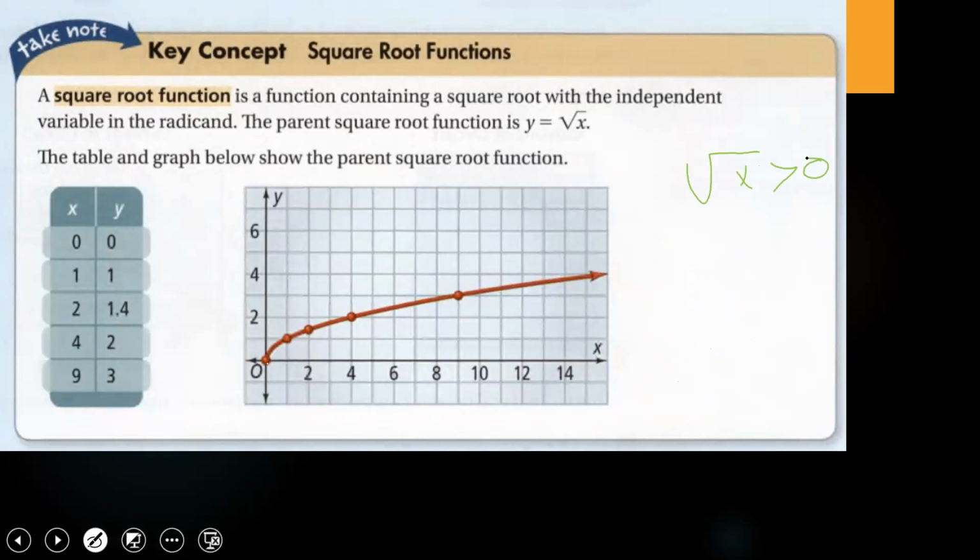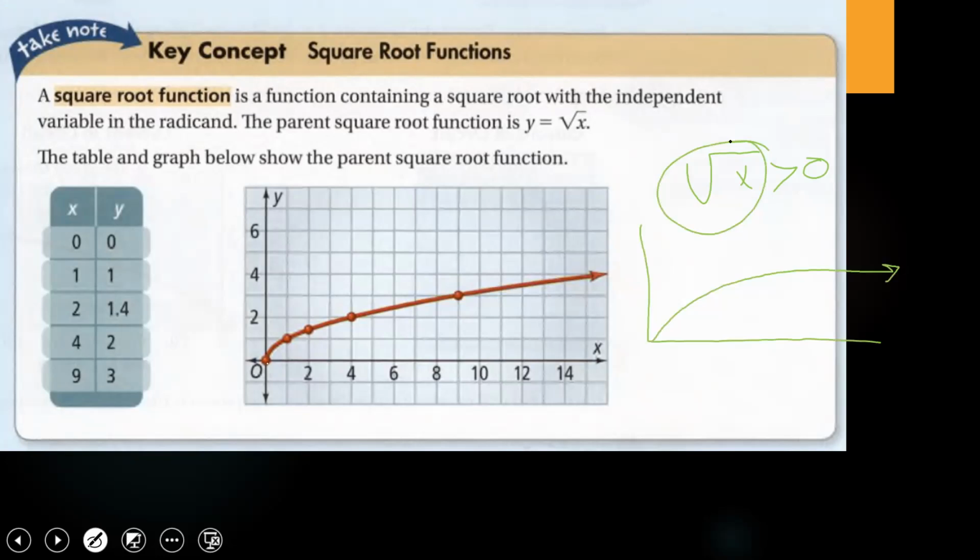So this is the graph of the parent square root function. I will plot the numbers, and it comes like this. This is for the square root of x. I want you to know how the graph for the square root of x will be.